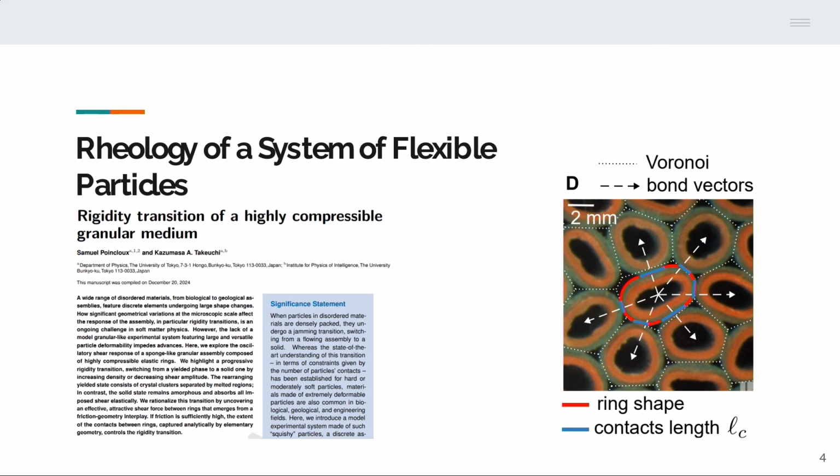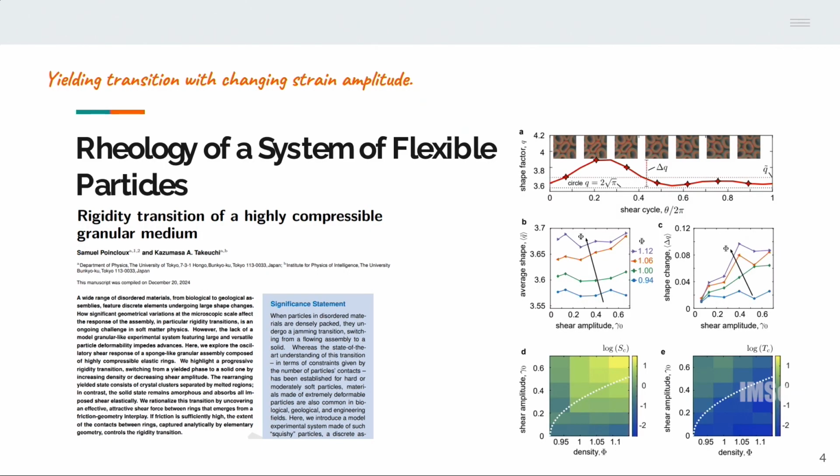these are very flexible rings, and they apply an oscillatory shear to the system, and here as well there is a yielding transition with a threshold strain amplitude. We see that the shape changes; this is a plot of the shape change of a single particle.